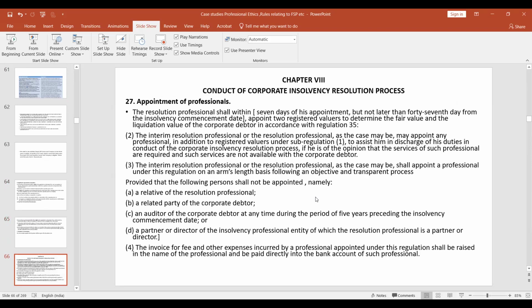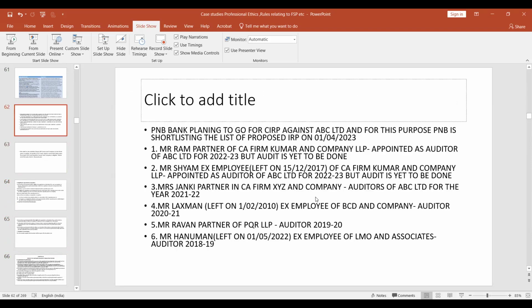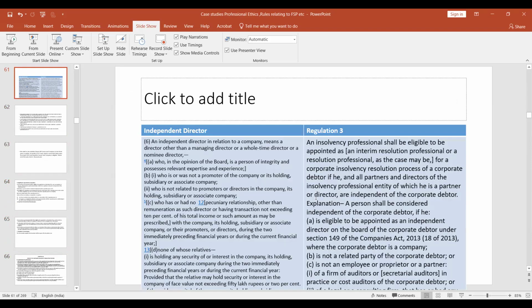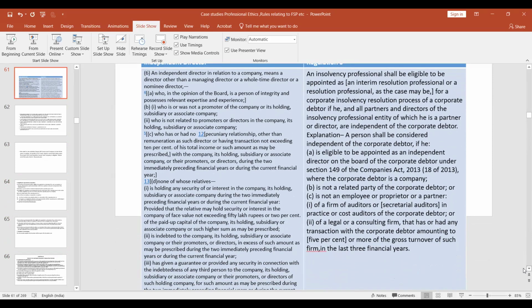Sir, I have one doubt, please. For CIRP, they have mentioned that if the auditor is a related party during the last 3 years, he cannot be appointed as an RP. But for individuals and partnership firms, they allowed it.